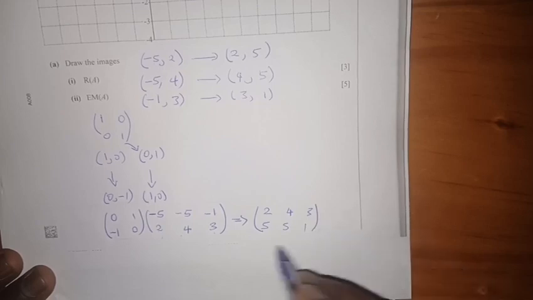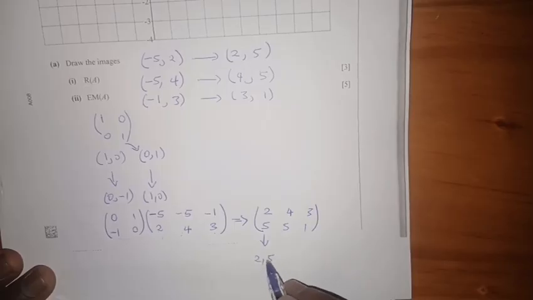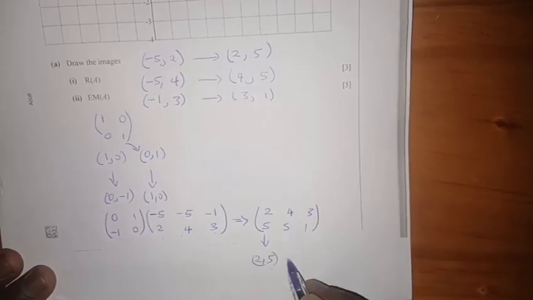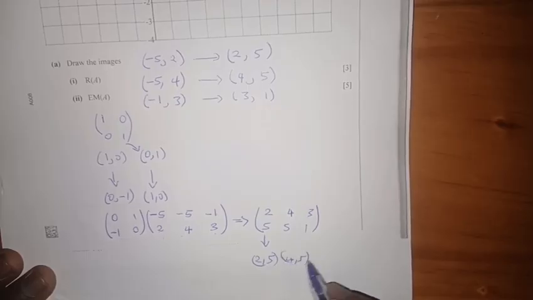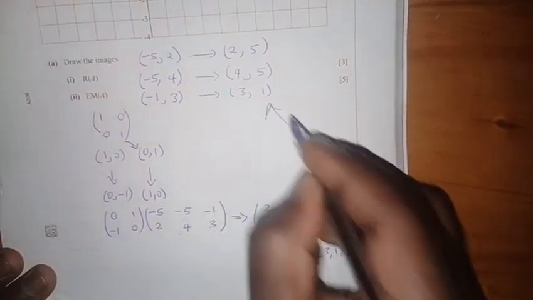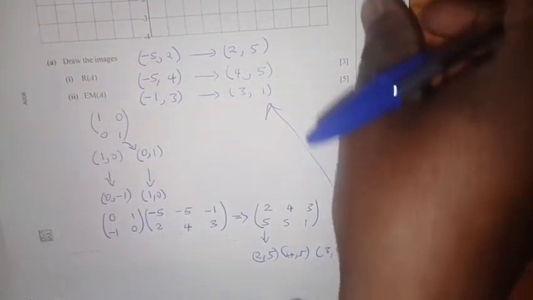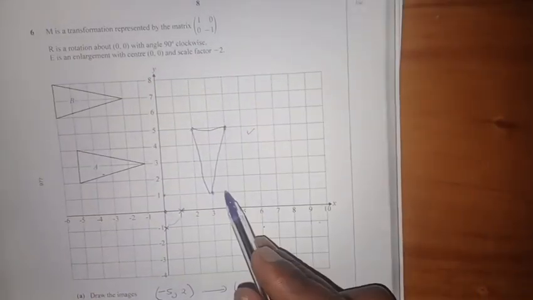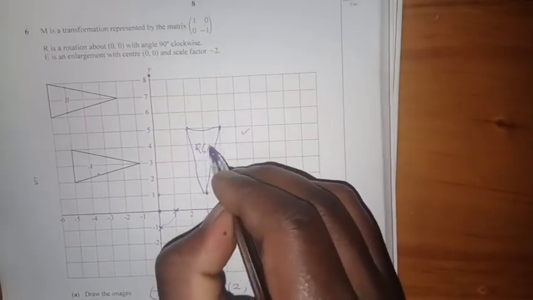So as you can see, this is the coordinate 2, comma 5. This is the coordinate 4, comma 5. The last one is the coordinate 3, comma 1, which is the same thing we got from right there, which means this is our image of rotation. So maybe let's label this one RA.